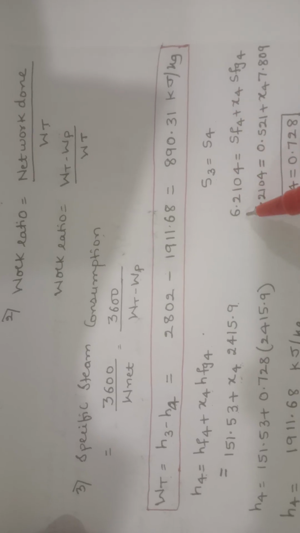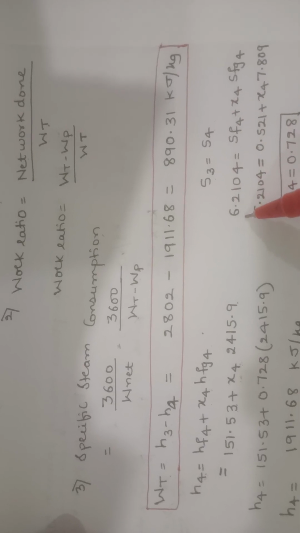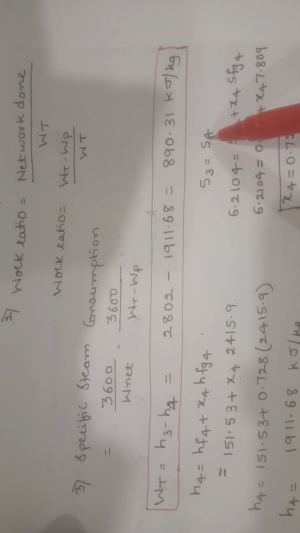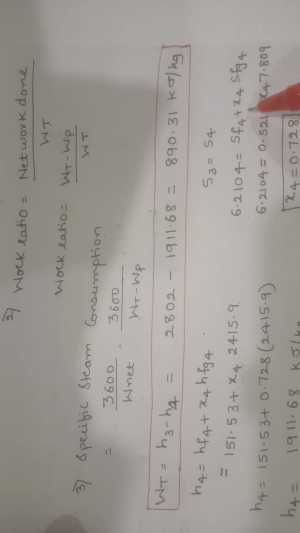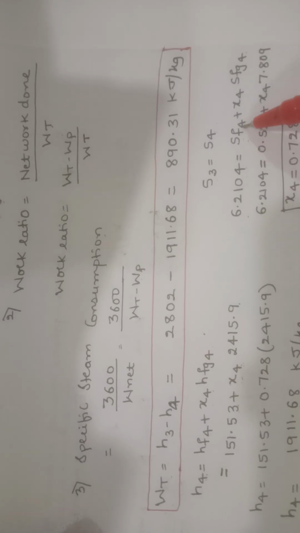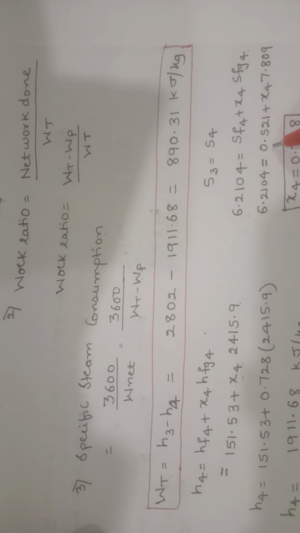S3, the entropy at point 3, is also taken from the steam table book at 28 bar pressure. S4 is again given by the formula sf4 plus x4 into sfg4. sf4 is also taken from the steam table book, at 0.06 bar.